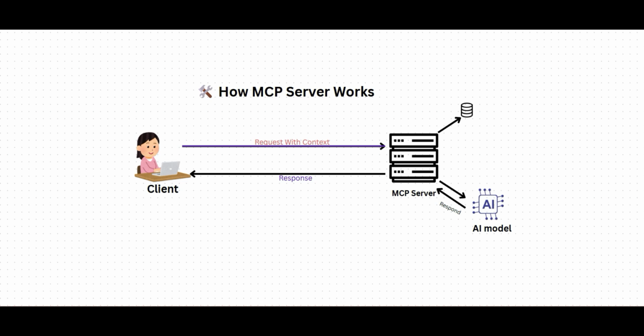Then it builds a structured context package by combining the incoming data and any stored memory. Next, the MCP server forwards this context to the AI model like GPT or any other LLM. The AI model processes the context, generates a smart personalized response and sends it back to the MCP server. And finally, the MCP server delivers this response back to the client. This is what happens behind the scenes in how an MCP server works.